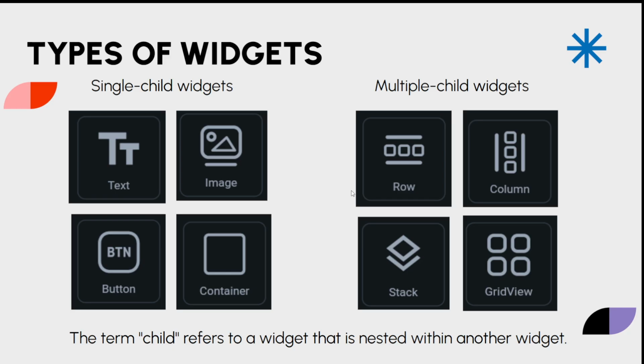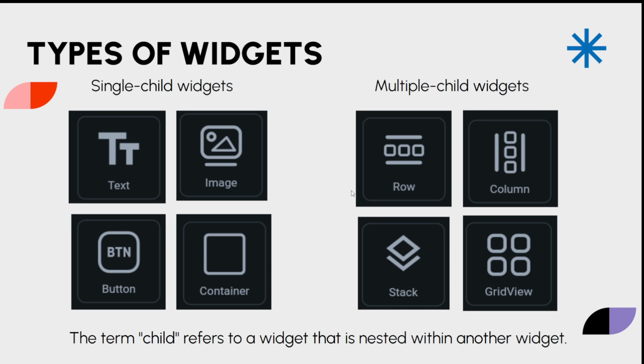In FlutterFlow, the concept of a widget is really important. Basically, there are two main types, single child widgets and multi-child widgets. A single child widget is just one single element like a piece of text or an image.